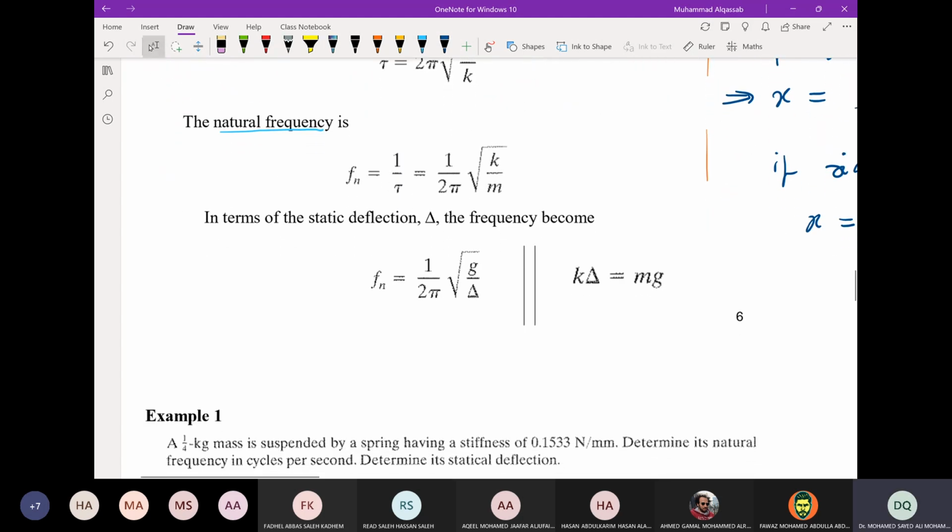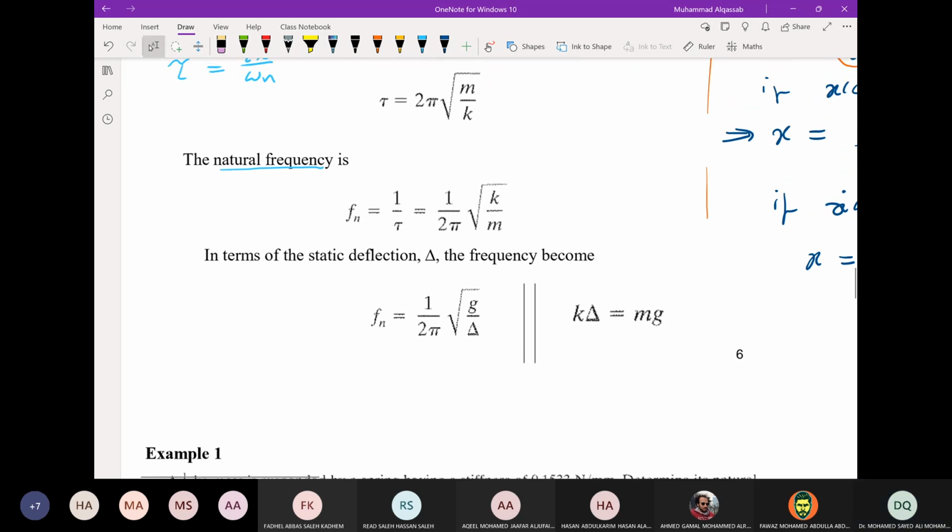Okay, so fn is 1 over tau, by definition, the frequency is the reciprocal of the period of oscillation. So it is 1 over tau, equal to 1 over 2 pi, after we substitute for tau, square root of k over m.